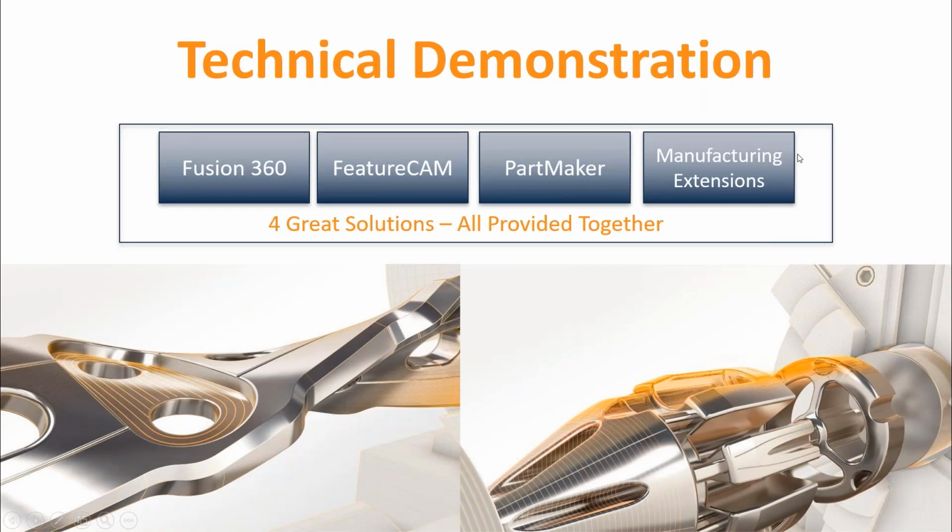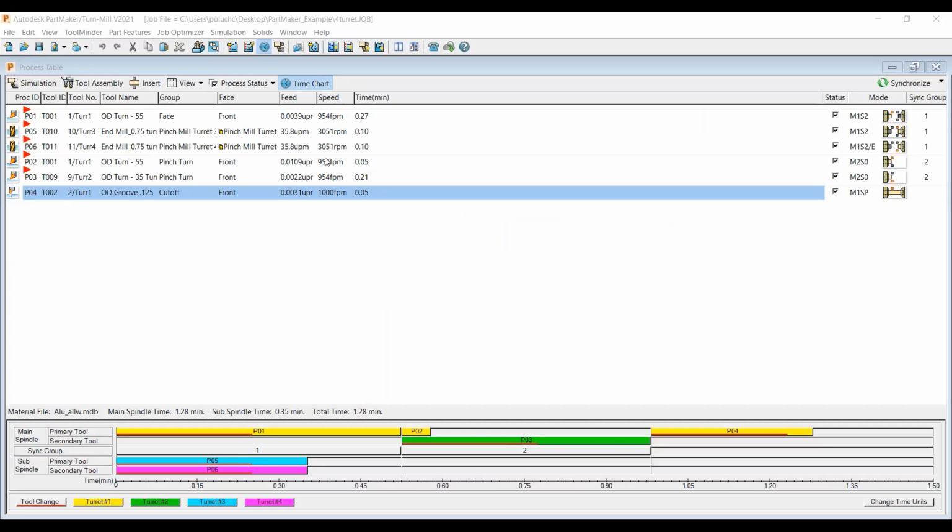Just going to go ahead and change the presenter to myself and show my screen. Okay, so we're taking a look here at the PartMaker turn mill software, which we would use for some of our most advanced turn mill applications.